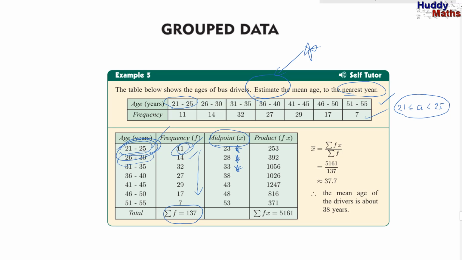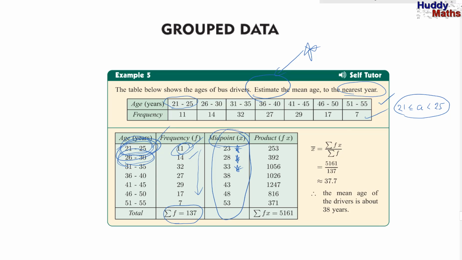So we'll do the same thing now. The crucial thing is this column here. We're going to estimate each score in each of the groups as being at the midpoint value. So the midpoint is 21 plus 25 on 2, which is 23, and so on.